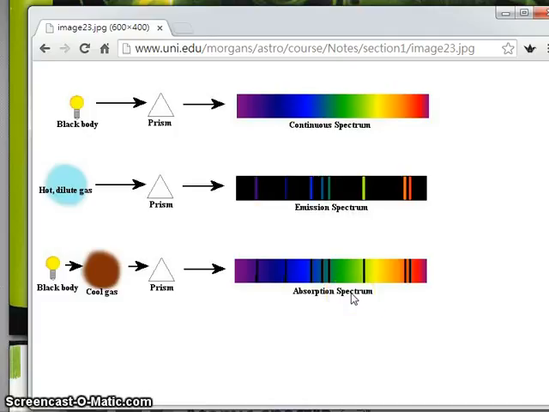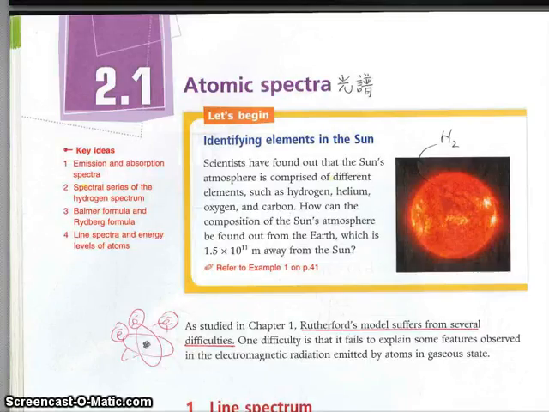This chapter is going to talk about these three different kinds of spectra: continuous spectrum, emission spectrum, and lastly, absorption spectrum. So now we turn to this page. Chapter 2.1, atomic spectra. So many different kinds of spectra. The first one is from the sun.